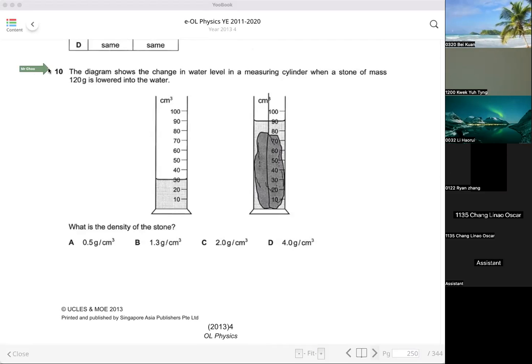Okay, I got my answer already. Huai Xing, first to get correct. Well done. Hao Rui, very good. Ryan, Yiting, Pei Kwan, Oscar.